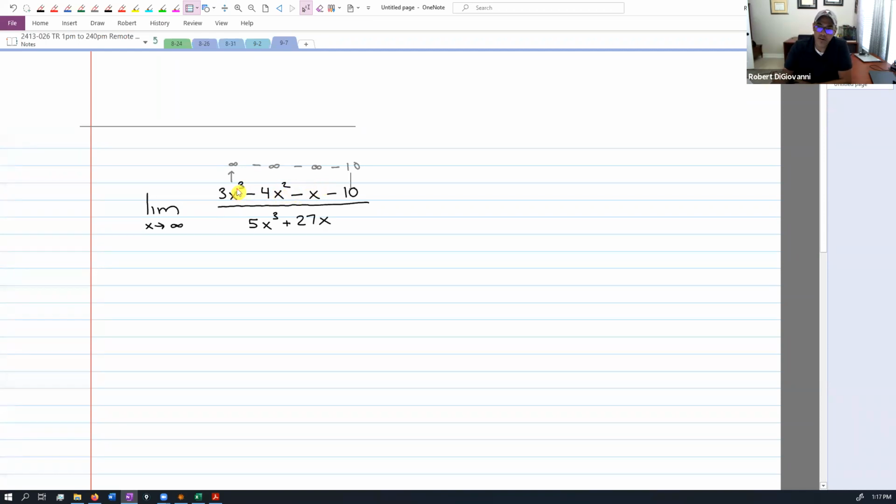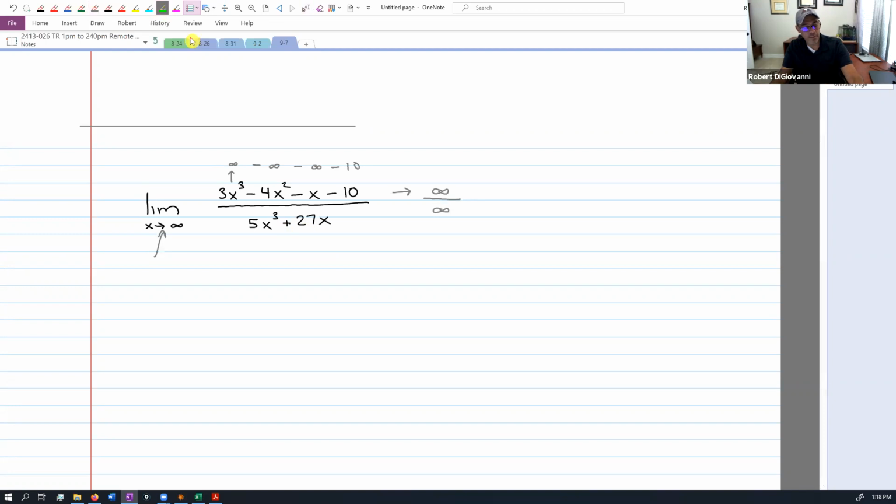Cubing a big number is going to give you a much bigger number than squaring a number. So eventually, as x goes to infinity, this numerator will become positive infinite. And the denominator, I think this one's easier because I put a plus between them. So infinity plus infinity, you get infinity.